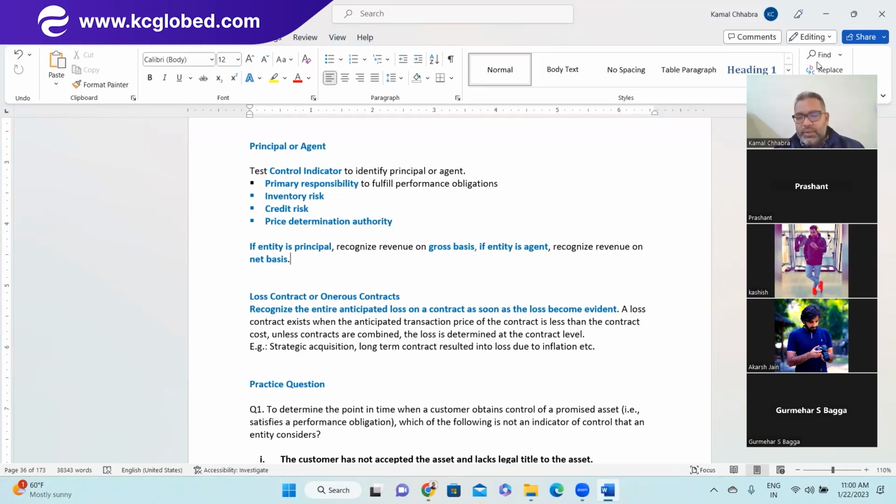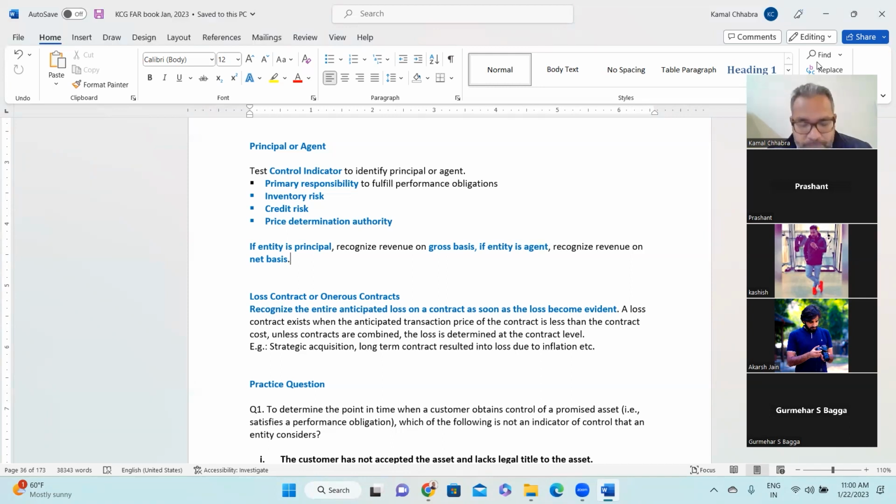Hyundai, Tata, BMW, that is the OEM, or the dealer? Hyundai and all of them. Absolutely true. So the original manufacturers, the OEMs, have the primary responsibility to fulfill the performance obligation.